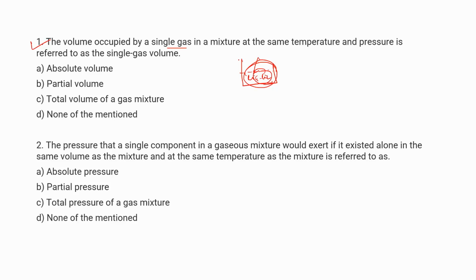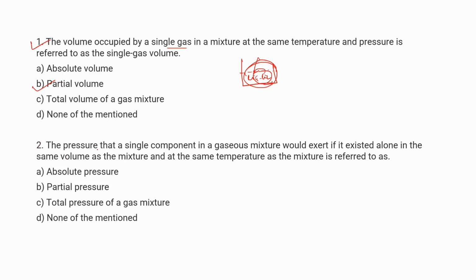Then we cannot say the exact volume of liquid A, the exact volume of liquid B, and the gas. In that case there are three components, the liquids and the gas also. So we will have to use the partial term. The partial volume will be the exact answer.